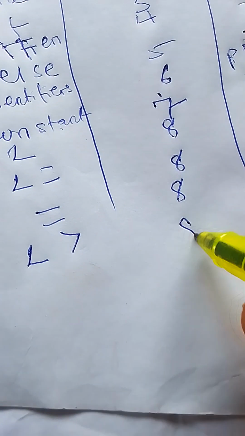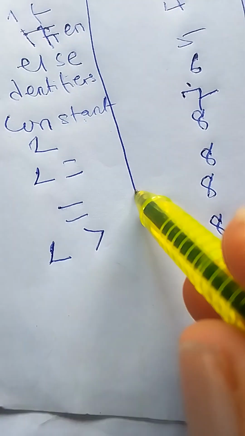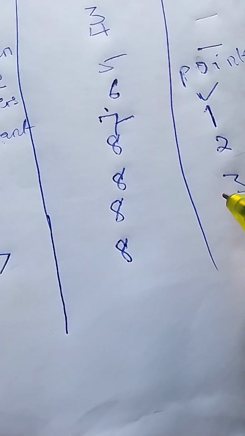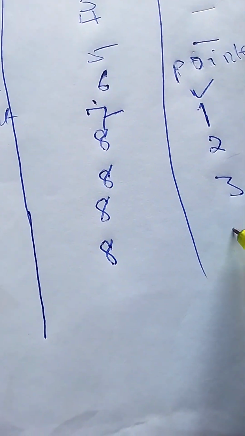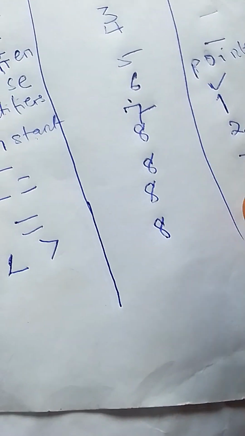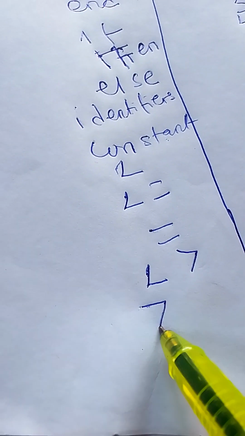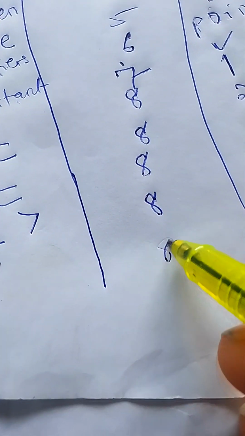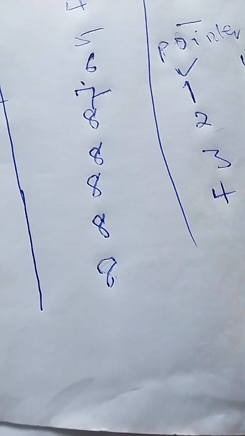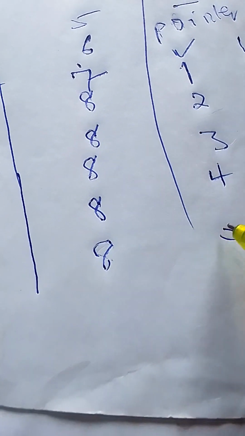The code is 8 and the value is 4. We have another one, greater than. The code is 8 and the value is 5.